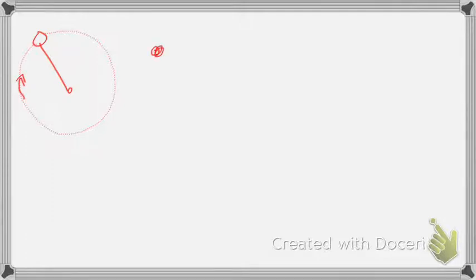Okay, let's do a free body diagram. There will always be the force of gravity pulling it down, and a tension force as well. And that tension force is what keeps it moving in a circle. So here's our tension right along the string. Let's say the object is at the top of the circle.